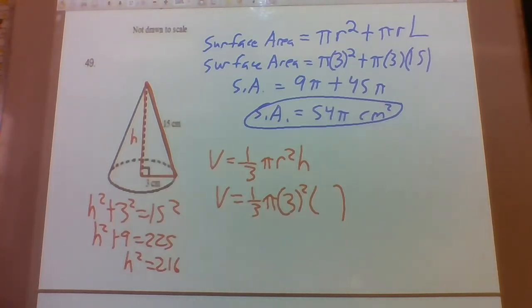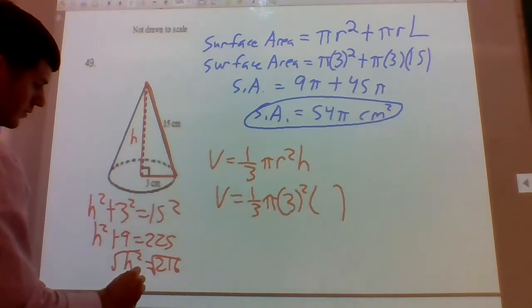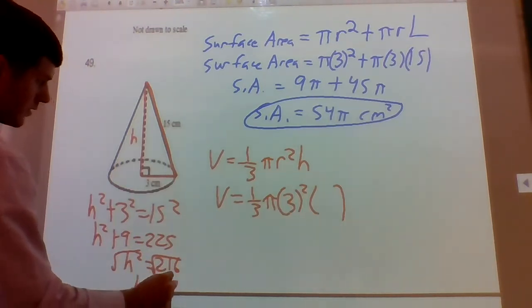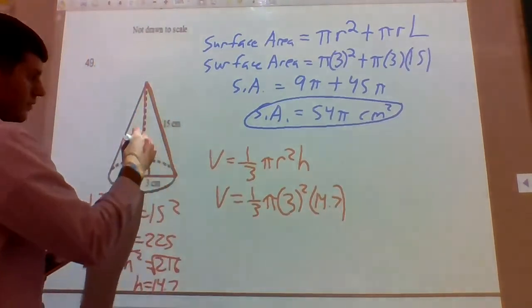Let's just leave it as 14.7. Square root of both sides, h is 14.7. That's our height.